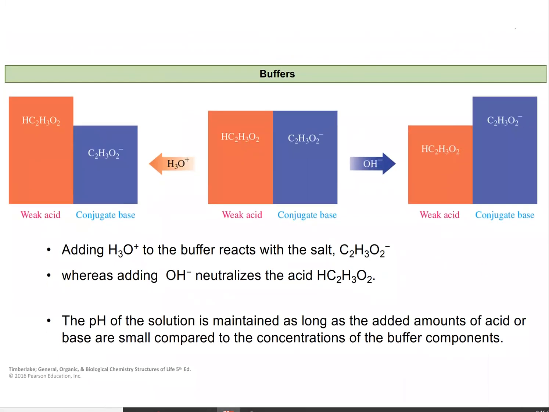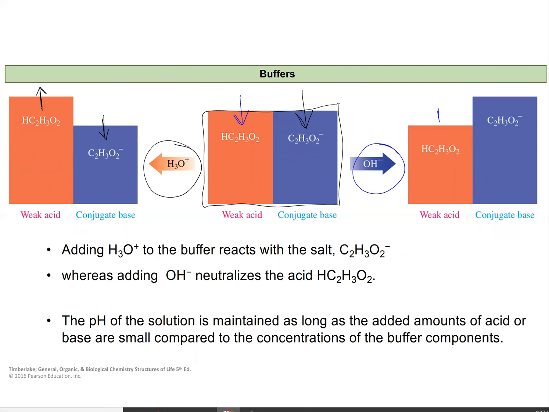So here's another way to visualize this. I start with my acetate and my acetic acid at exactly the same concentration. And as I add acid, it's going to react with my acetate. So I see my acetate concentration go down, and my acetic acid concentration increase. If instead I added a base, it would react with my acetic acid.